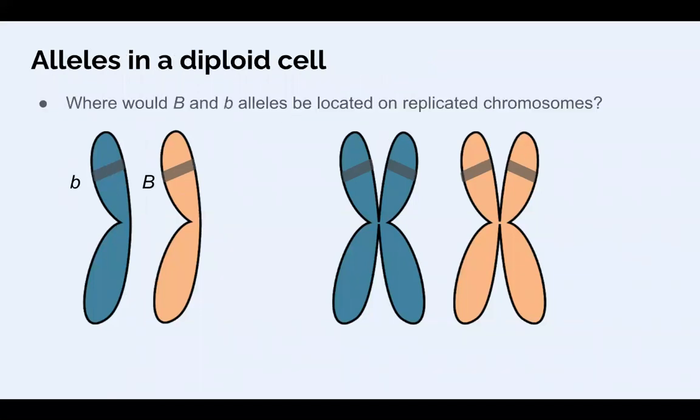All right, so here's an example. Let's say we have a gene that does have differences that are alleles. During the process of replication, where do big B and little b, where do those end up? So I think the color coding helps here.